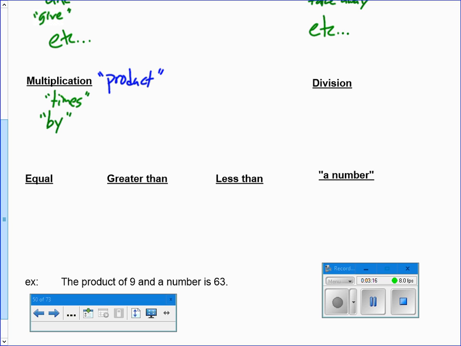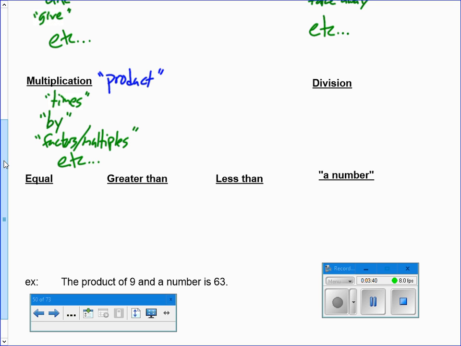A lot of times that refers to area: 3 by 4 square rectangle. We also hear factors or multiples. A lot of times that is referring to multiplication as well. I just have a bunch of words associated with that operation.